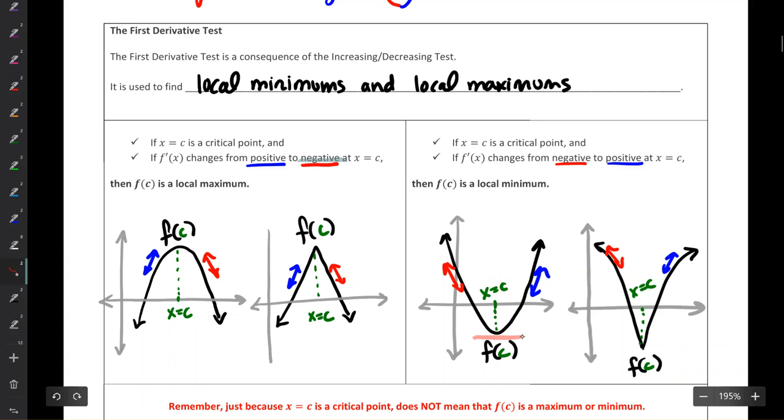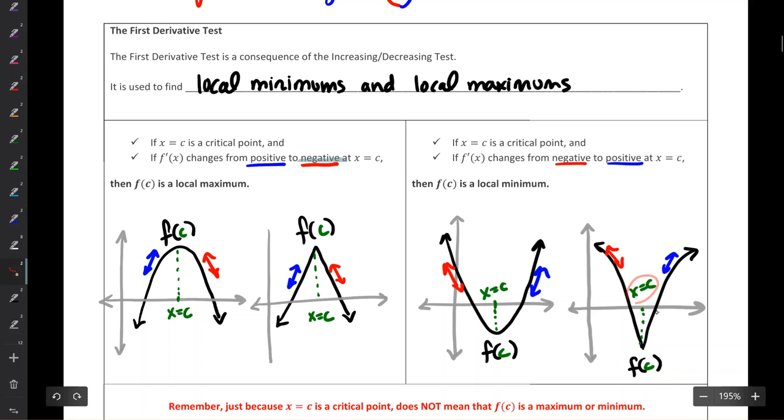My derivative is 0 here. My derivative is negative to the left and then positive to the right. I must have a local min. My function is changing from decreasing to increasing. Same in this picture. F of c is a local minimum.